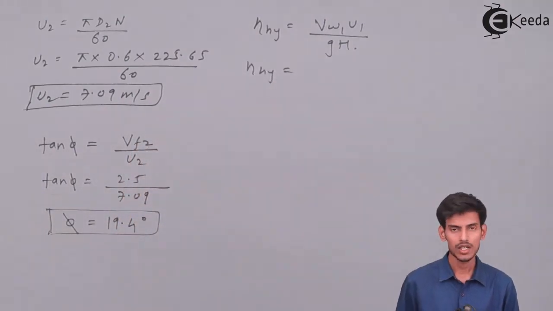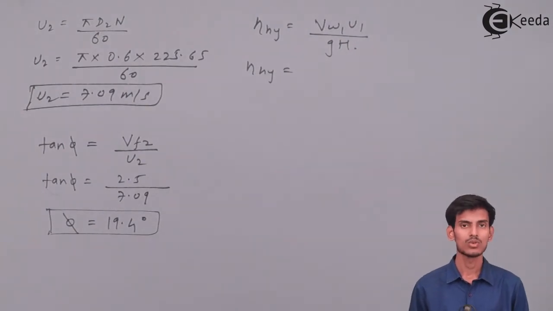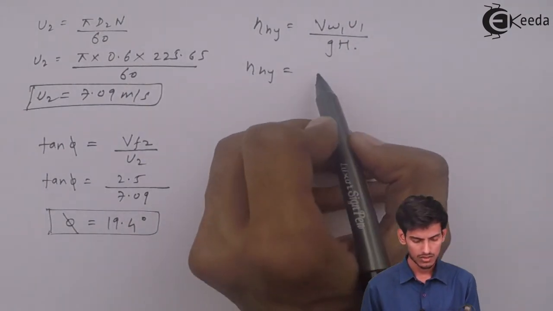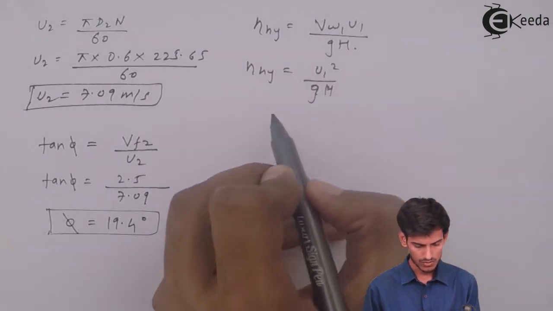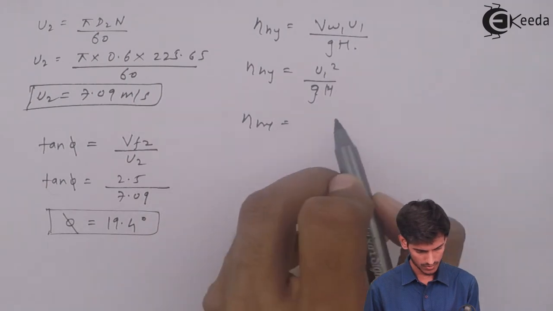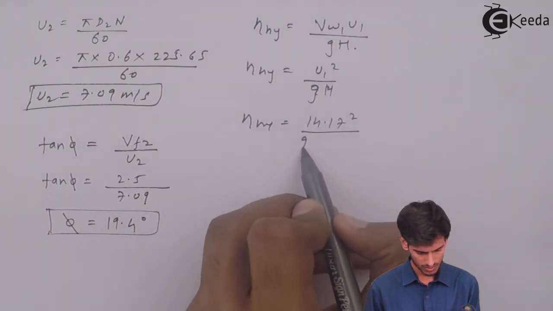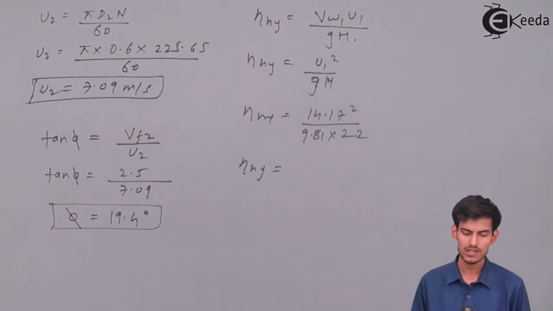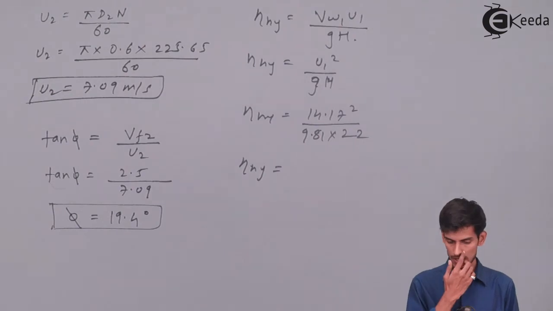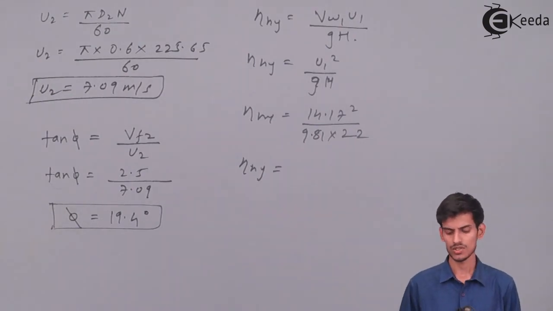The value of VW1 is the same as U1, so you can write U1 square upon GH.